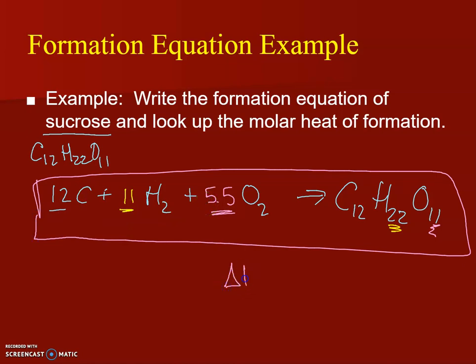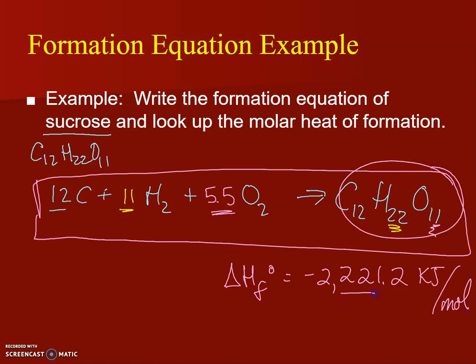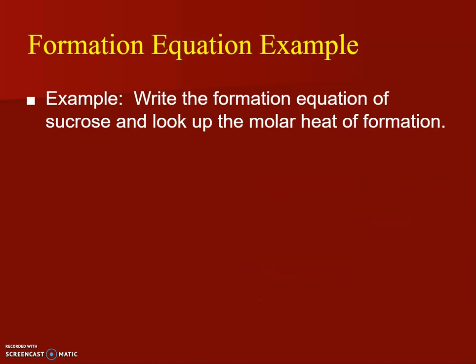And then I would look up on a table, on an appendix somewhere, what the heat of formation is for sucrose. And that is negative 2,221.2 kilojoules per mole. All right, so for every one of these, that's how much energy is released by forming those things together.